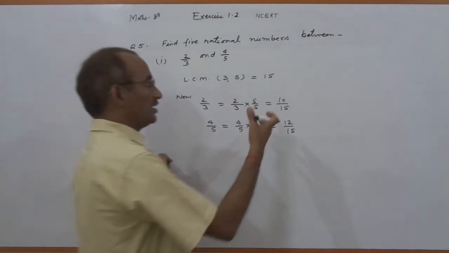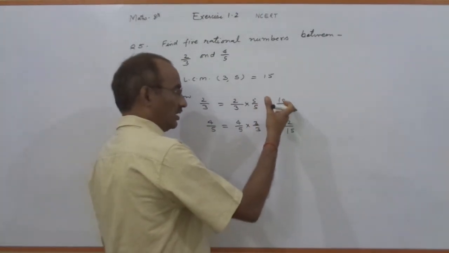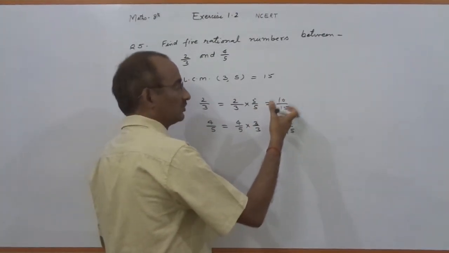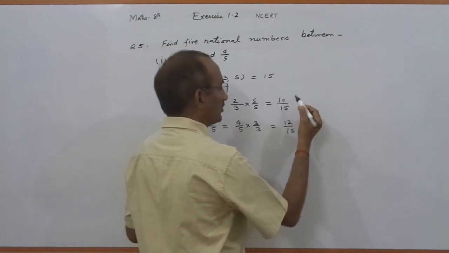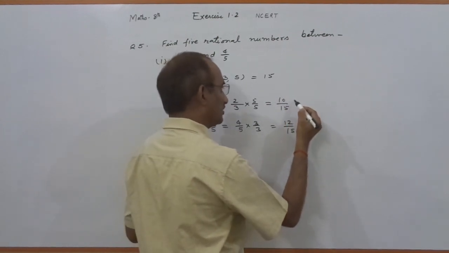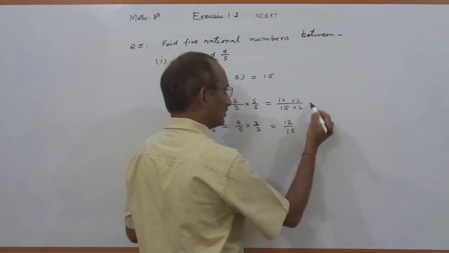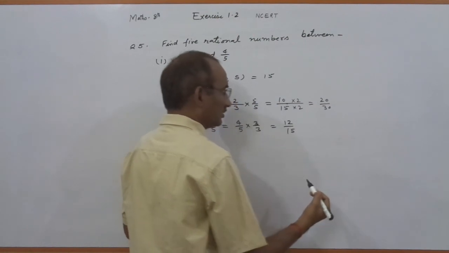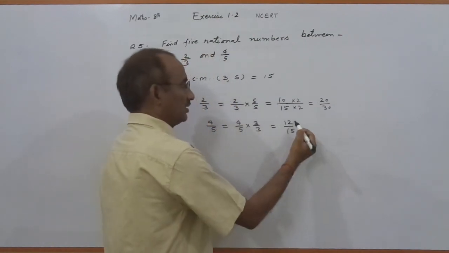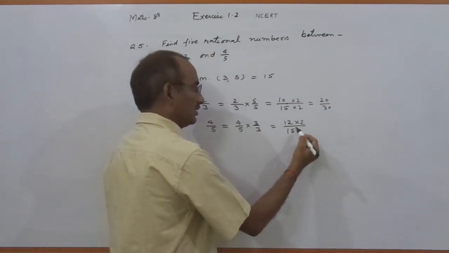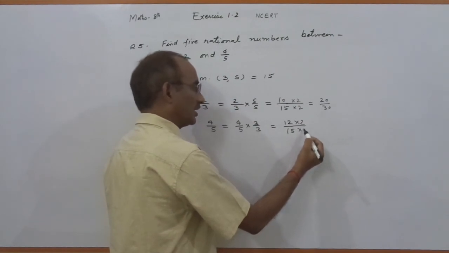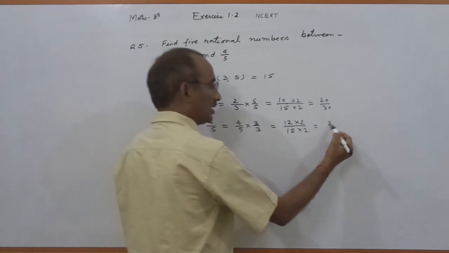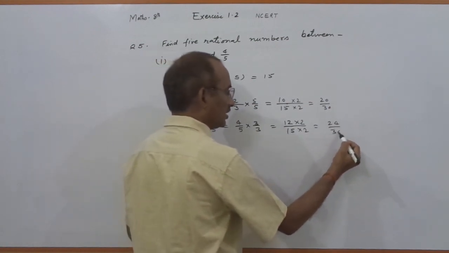If we multiply 10 and 15 by 2, then we get 20 upon 30. And if we multiply 12 upon 15, numerator and denominator both, with 2, then we get 24 upon 30.